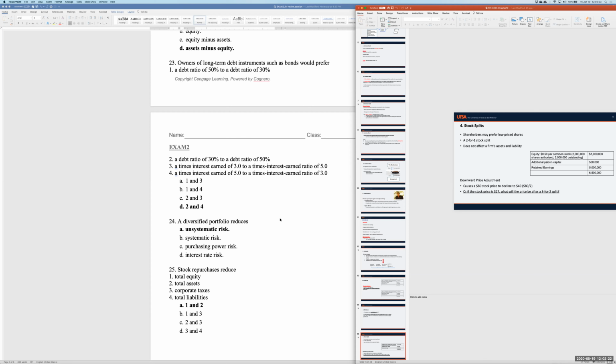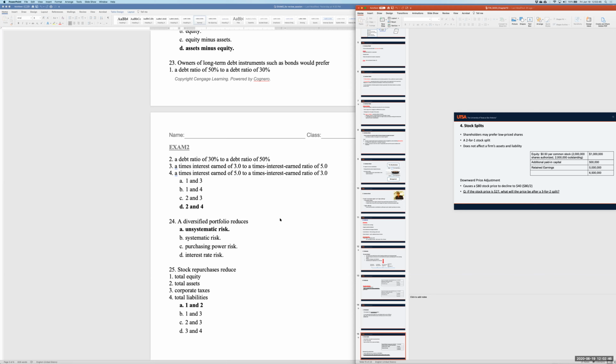Okay, let me read again. Owners of long-term debt instruments. I own the long-term debt, meaning maybe I bought government bonds or maybe I bought corporate bonds. What I prefer, a debt ratio for the company, let's say if it is corporate bonds, debt ratio 50% to debt ratio 30%.